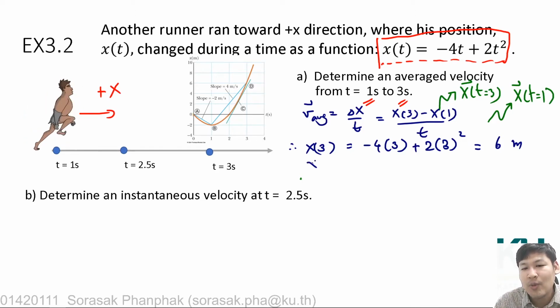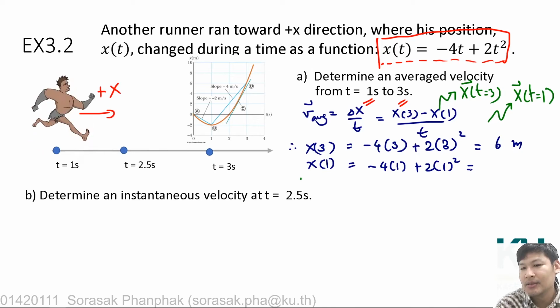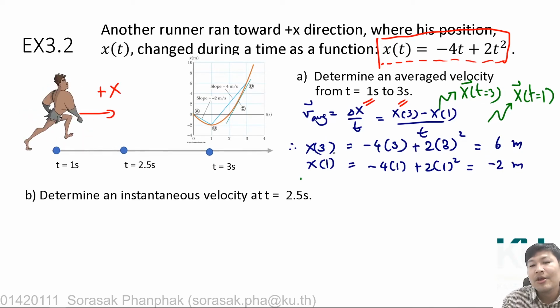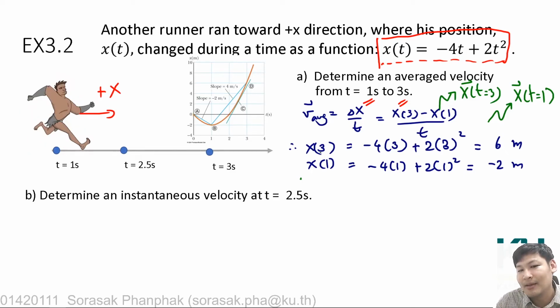And how about x1? x1 is where you sub 1 into t, so this is minus 4 times 1 plus 2 times 1 squared. So the final answer is minus 2 meters. So you got the displacement at t equal to 3 is 6 meters, and for t equal to 1 it's minus 2 meters.